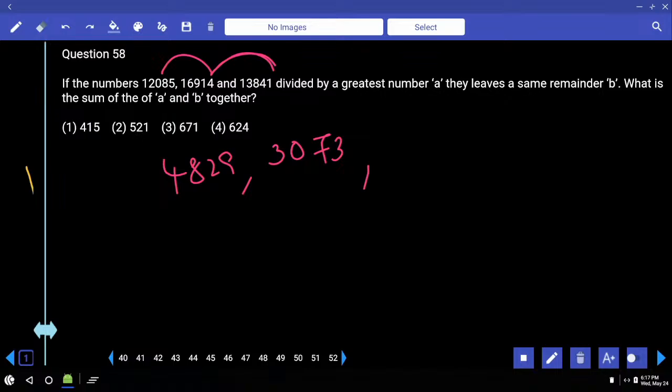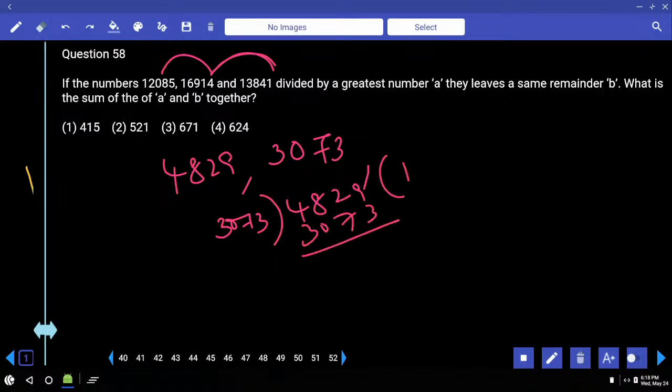Find the HCF of these two. 3073, 4829 one time. Remainder is 657, 3073.